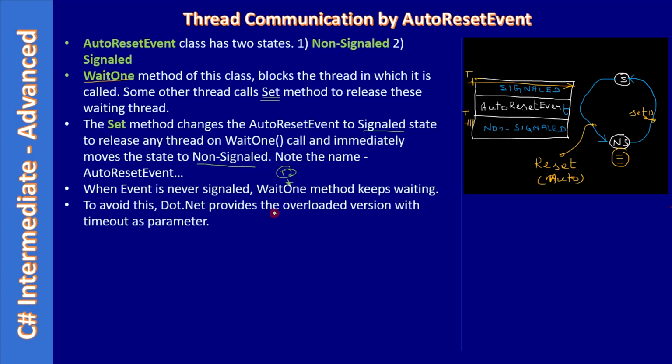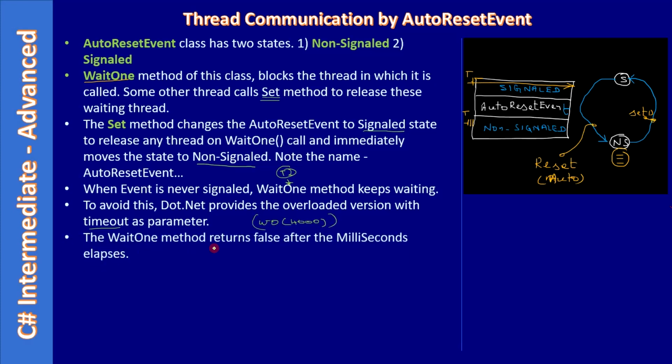So to avoid this, .NET provides an overloaded version with a timeout parameter. So here you can make a call to the WaitOne method, and if you specify 4000, then any thread which is making a call to WaitOne will wait for 4 seconds only. After that, it will automatically come out of this WaitOne. The WaitOne method returns false after the milliseconds elapse.